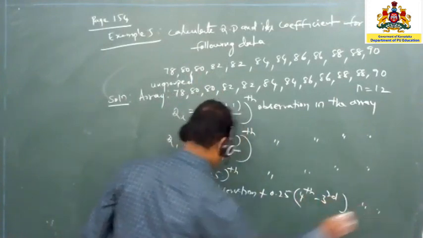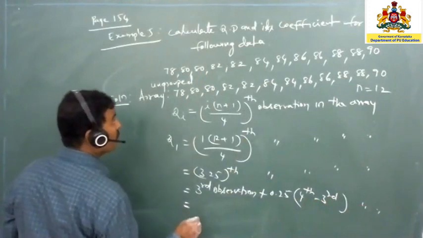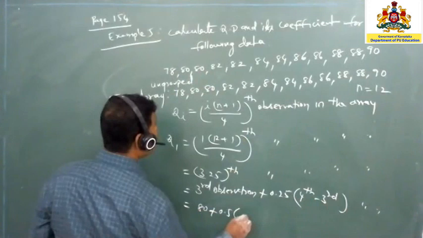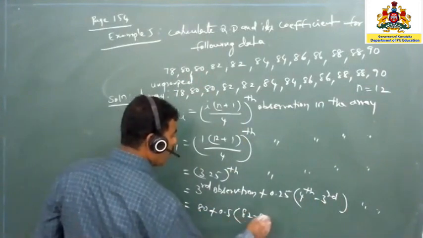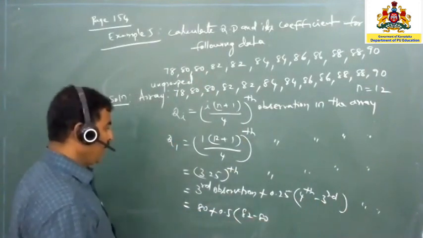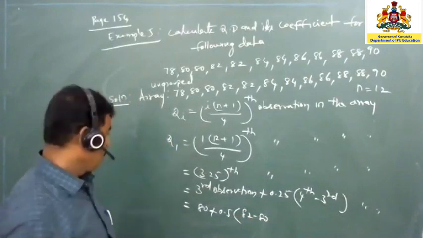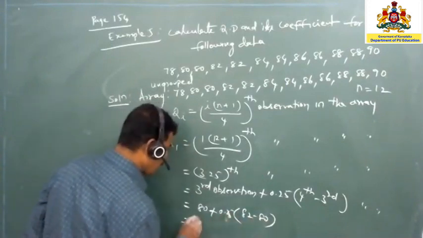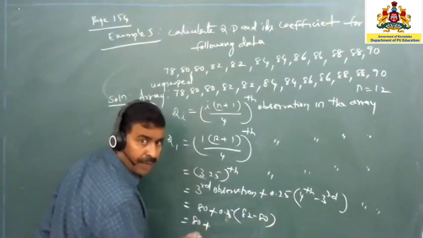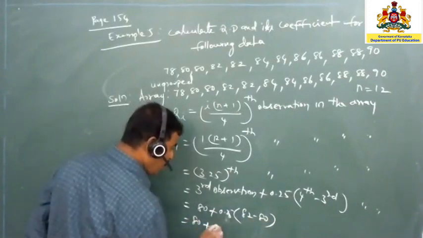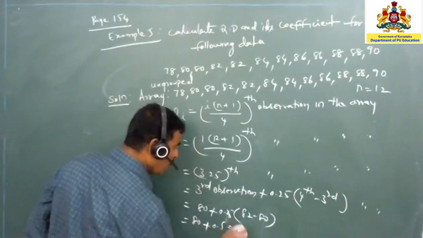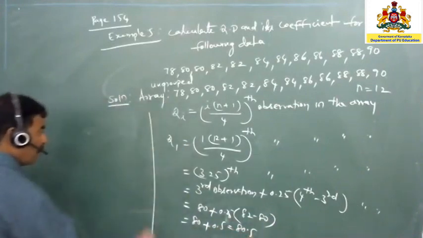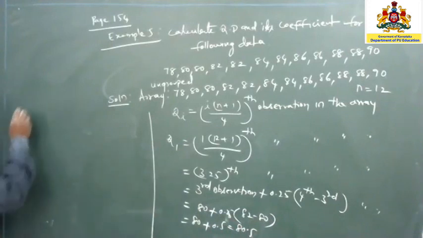Third observation is 80, fourth observation is 82, so 80 plus 0.25 into 2, that is 0.5, so 80.5.